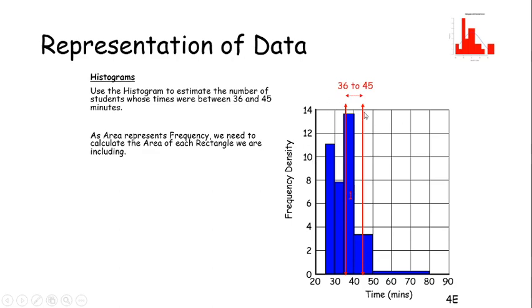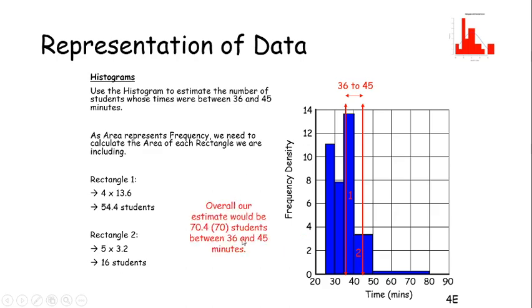You know the height and you know the width, so you can work out the frequency. In this case, this width is 4 and this height is 13.6. For the second rectangle, this height is 3.2 and the width is 5, and so we add the two together, which would be 70.4 students, which you round to the nearest value. Now in your exam, I'm almost certain that this figure won't come out as a decimal, it'll come out as a whole number, just because you're doing GCSE and not A level.